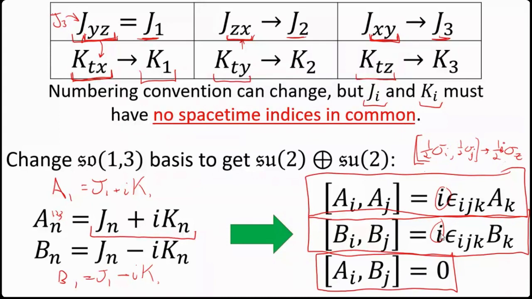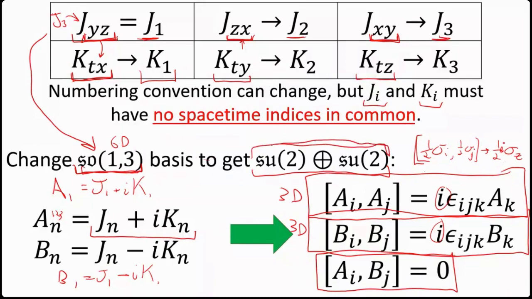Fair. But all I really know is that when we have SO(1,3), this algebra is 6-dimensional. We can break it up into two 3D algebras using this change of basis. So the SO(1,3) algebra is like 2 copies of SU(2), if we do this change of basis in the right way. And maybe those are raising and lowering operators, but I don't actually know.